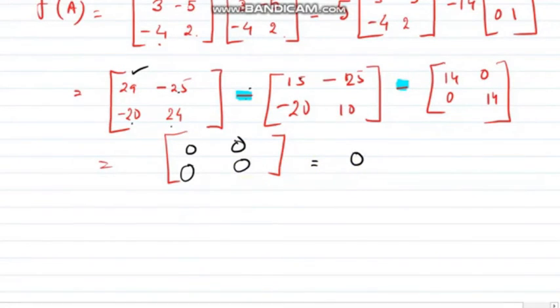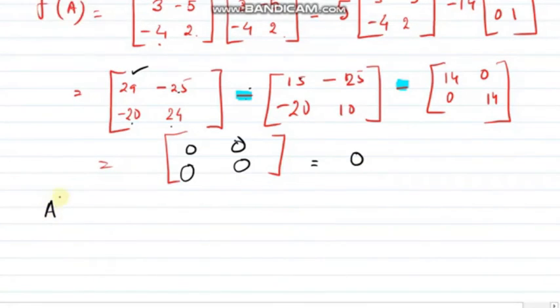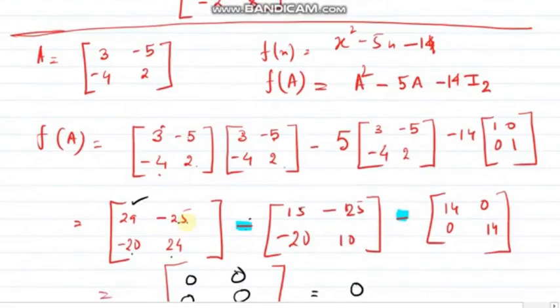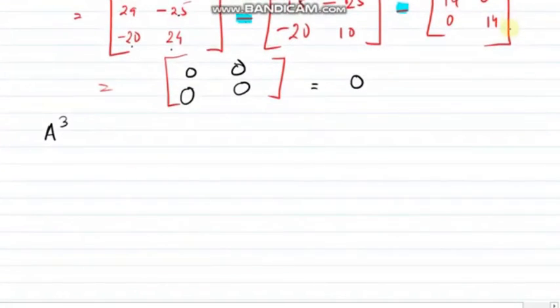Further, for this sum, if we have to calculate A cube, from here we got that this is a 0 matrix, right? That A squared minus 5A minus 14I2 is the 0 matrix. So, can we write that A squared is 5A plus 14I2, right?